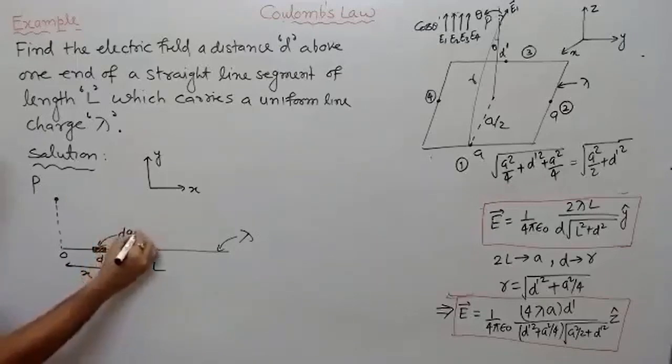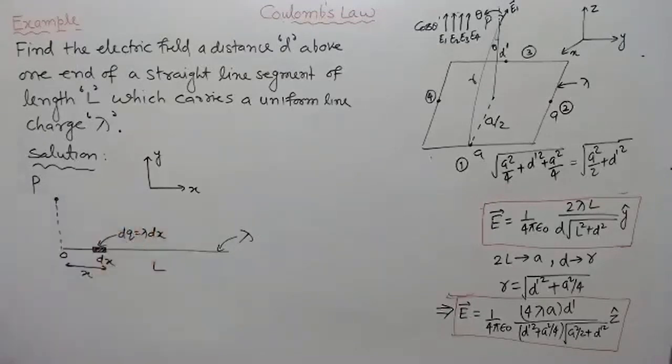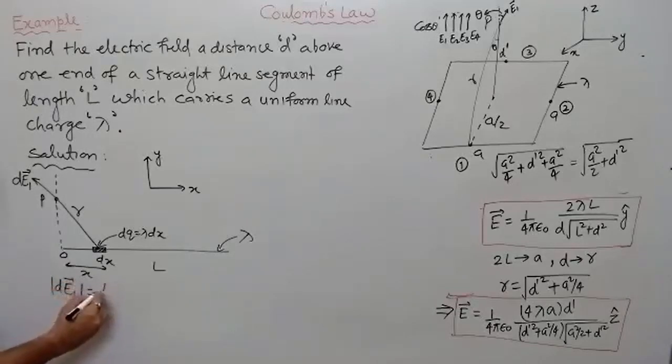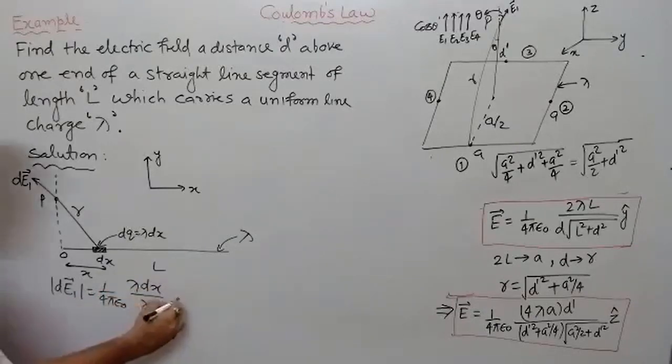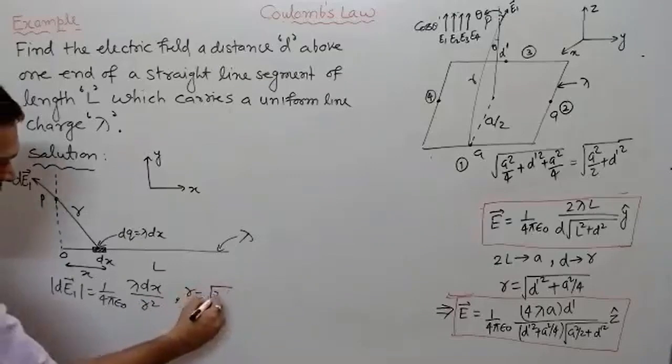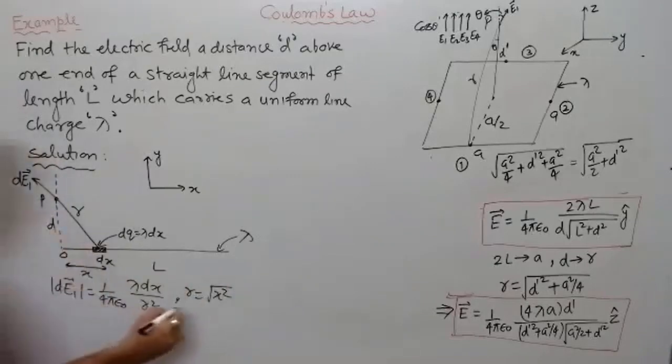Charge dq will be lambda dx. So this field is dE1. What will be mod dE1? 1 by 4 pi epsilon naught lambda dx by small r square, where r is under root x square plus d square.